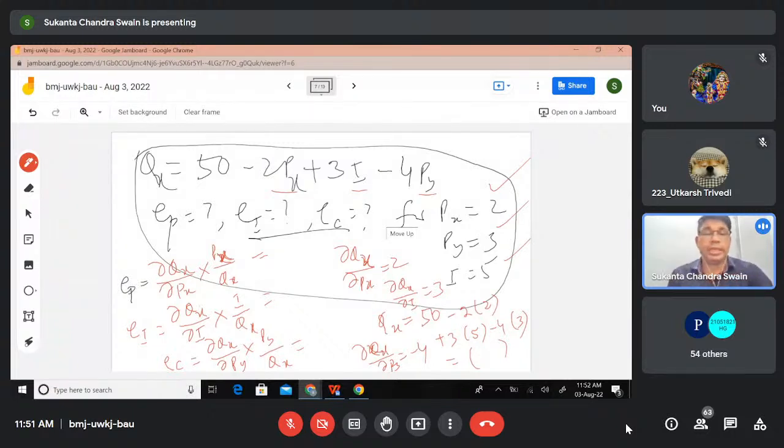So now del qx will be del qx by del px, that is minus 2, into px given as 2 by qx.